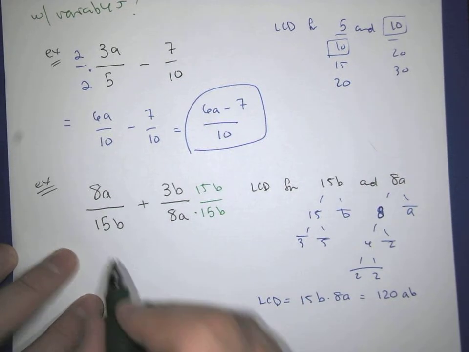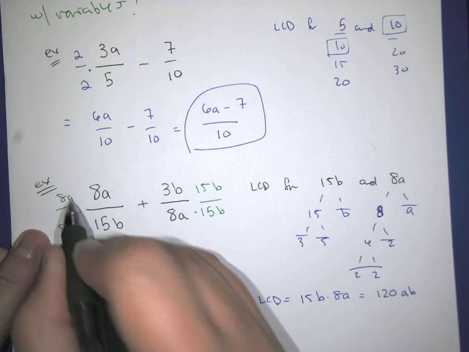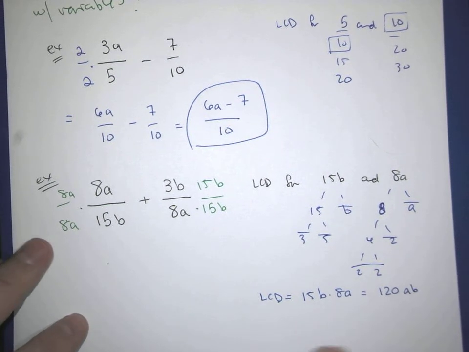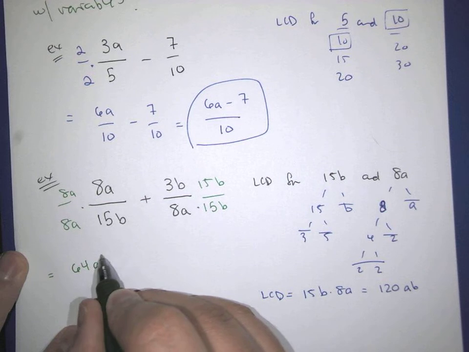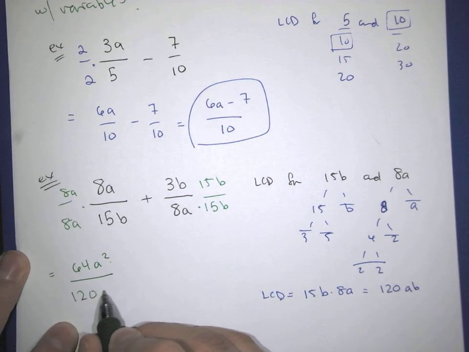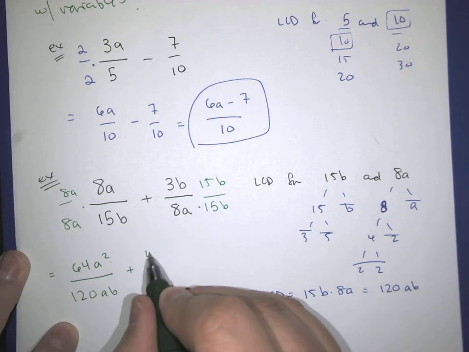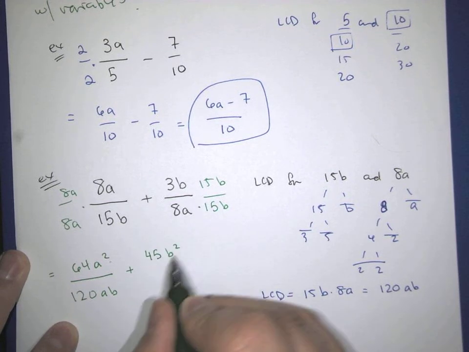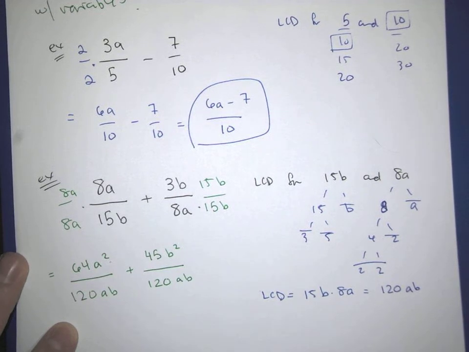You're going to have to do the other one times 8a over 8a. What an example. So this is 8 times 8, so this is going to be 64, and then a times a would be a squared. This bottom term is 120 with an a and a b, plus 3 times 15, 45, b times b, b squared, over 120ab.